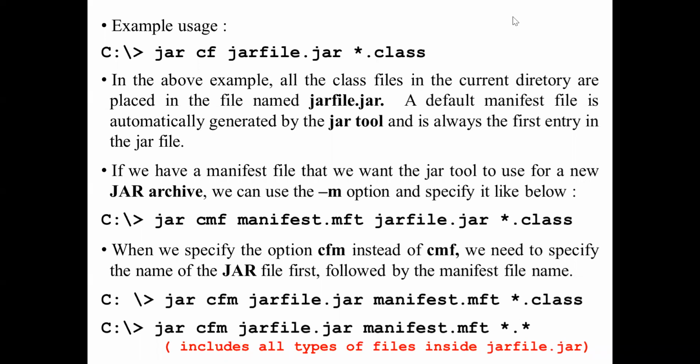By using jar cmf jar file dot jar manifest dot mft star dot class. It means it includes all types of class files inside the jar file dot jar.